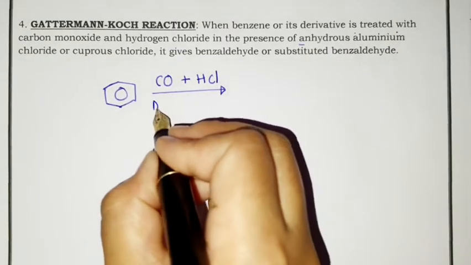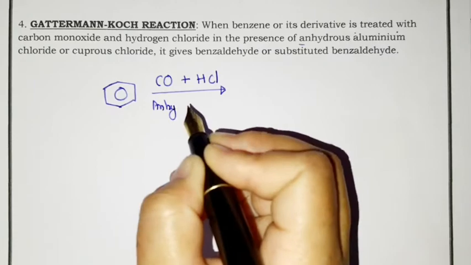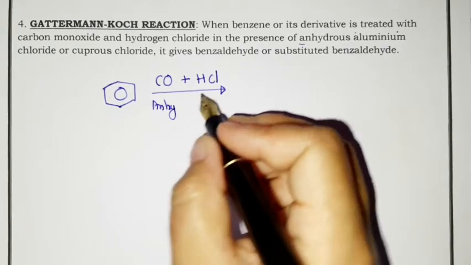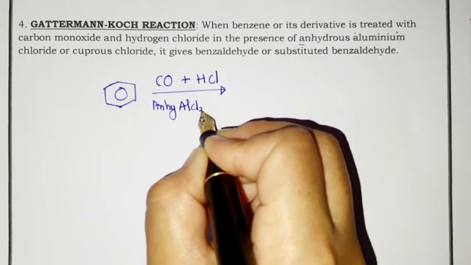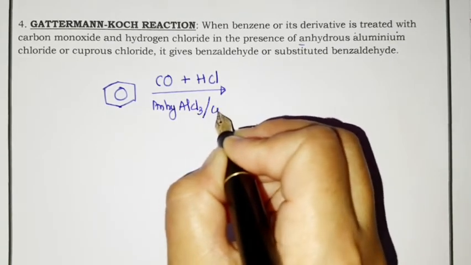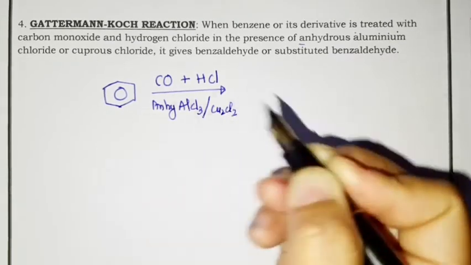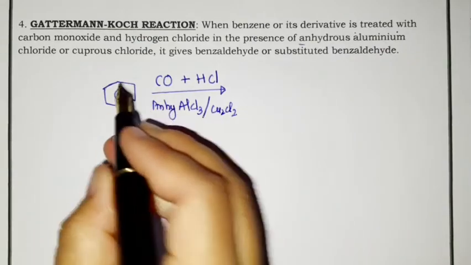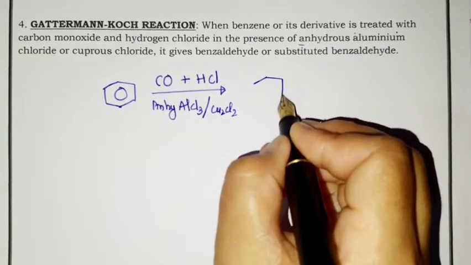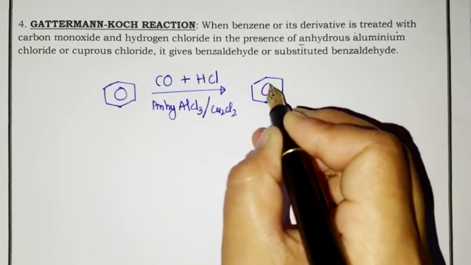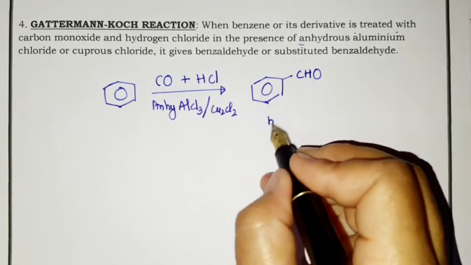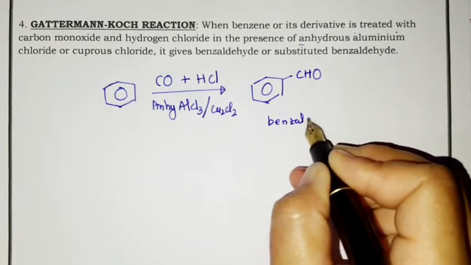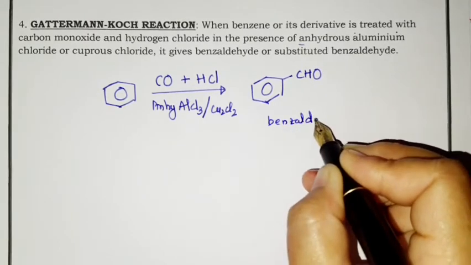Anhydrous is used here and also used in Friedel-Crafts. So anhydrous aluminum chloride or cuprous chloride, Cu2Cl2. Then what happens? This benzene or substituted benzene, simply a CHO group will add, and you will get benzaldehyde or substituted benzaldehyde.